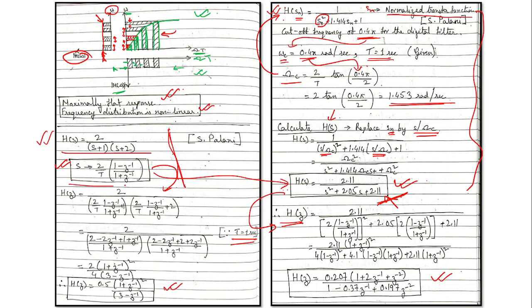Here you are using the equation s equals 2 by T multiplied by 1 minus z inverse by 1 plus z inverse. However, in the impulse invariance method, you will have to apply a different equation.